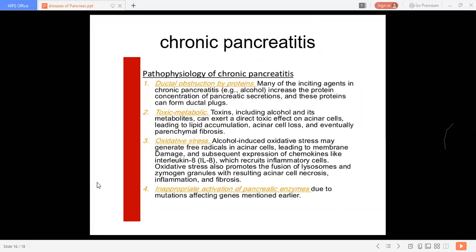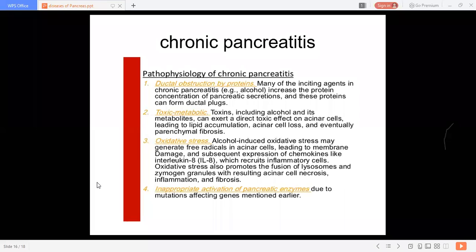As we saw in the previous slides, these toxins or metabolites exert a direct toxic effect on acinar cells, leading to lipid accumulation. Proteinous fluid accumulates. First there is dilatation of acinar cells. Later their epithelium becomes necrosed or inflamed, eventually retracts, and there is fibrosis.